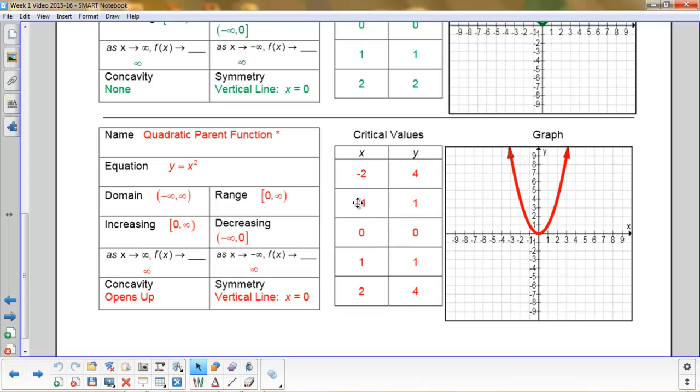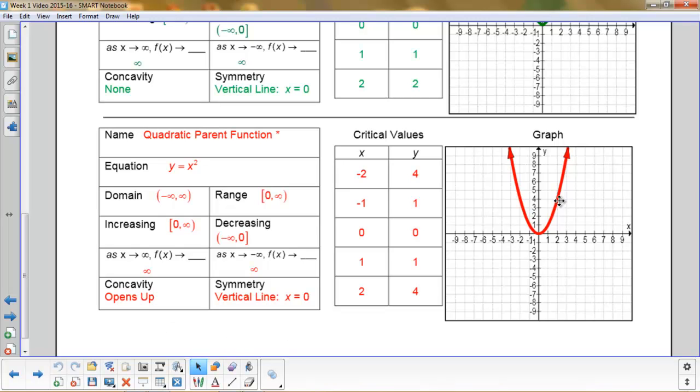For our constant changes in x, we do not have that same constant change of y. So that means we do not have a constant slope for a quadratic function. What that means is that we have this curved surface which now has concavity. Linear surfaces do not have concavity, but curved surfaces do.